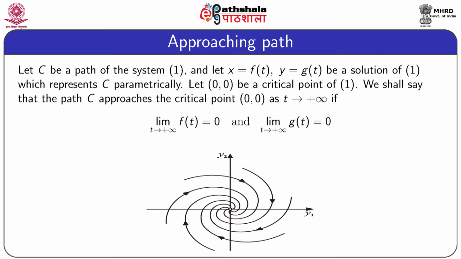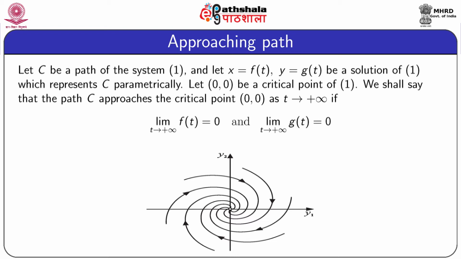Here we will define what we mean when we say that a path is approaching a certain point. What do you mean by an approaching path? Let us consider C to be a path of the system 4, and let x = f(t) and y = g(t) be a solution of 4, which represents C parametrically, and let (0,0) be the critical point or equilibrium point of 4.